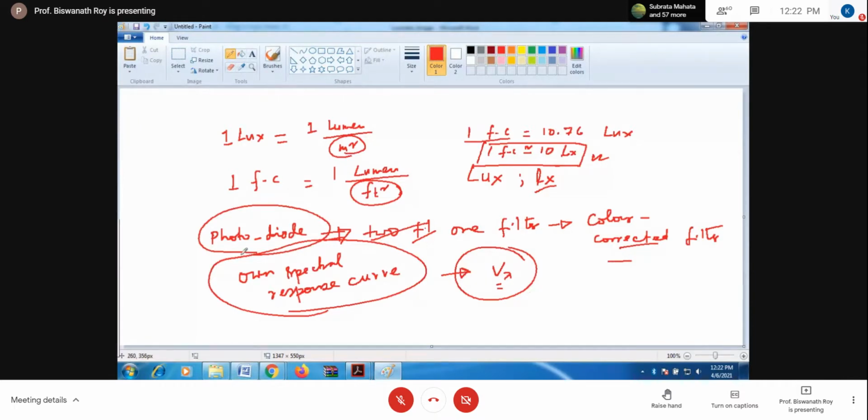Because any photodiode or photosensor which is supposed to measure light, the spectral response of that sensor should be identical with V lambda. Lambda versus V lambda, you know it, it's the photopic spectral response curve, the spectral response of the human eye.